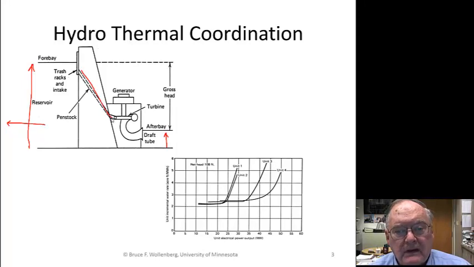Okay, the same principle as was used by early people running grist mills and sawmills, where they let the water fall onto a wooden wheel, and then the weight of the water turned the wheel. Well, here the weight of the water falling goes into, this is the turbine, and the turbine spins.